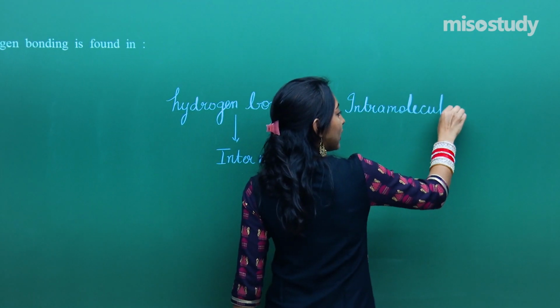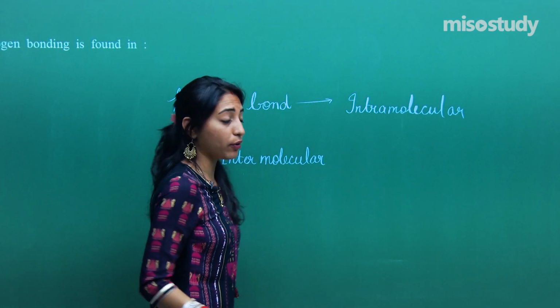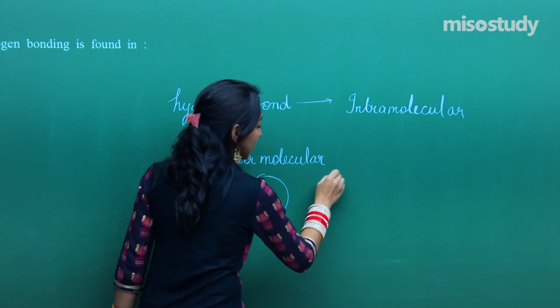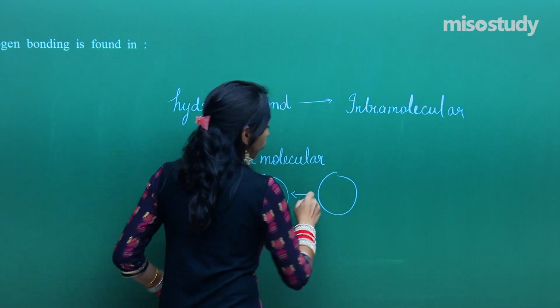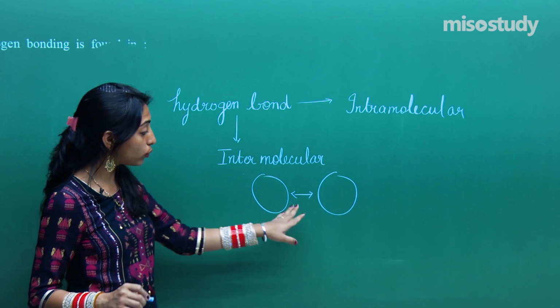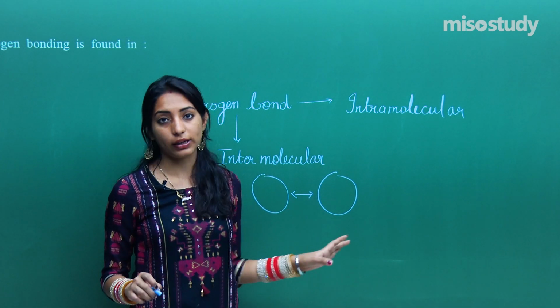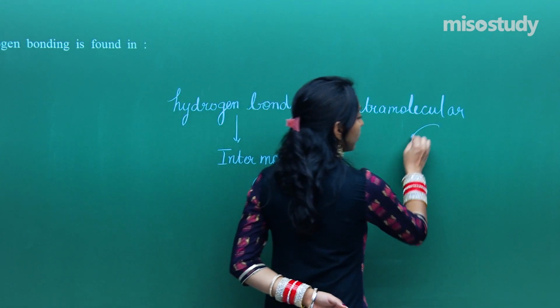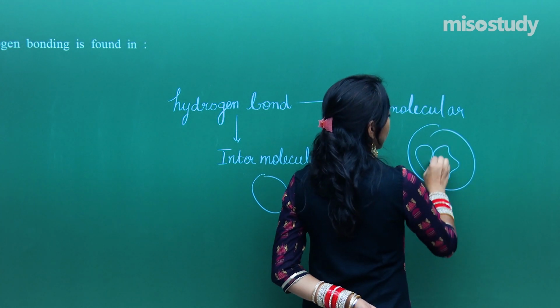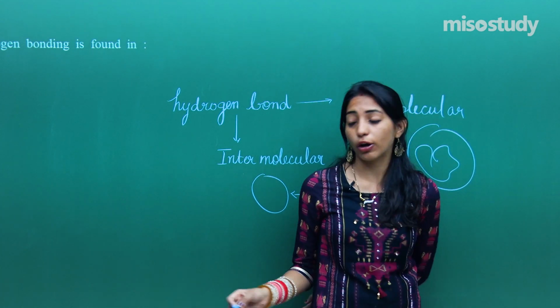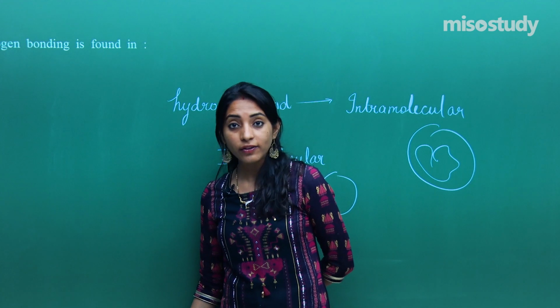Intermolecular is between 2 different molecules. If this is one molecule, this is another molecule, and the 2 are getting connected with each other through hydrogen bonding, this is intermolecular. Whereas if hydrogen bonding is taking place within the same molecule, this is intramolecular hydrogen bonding, right.